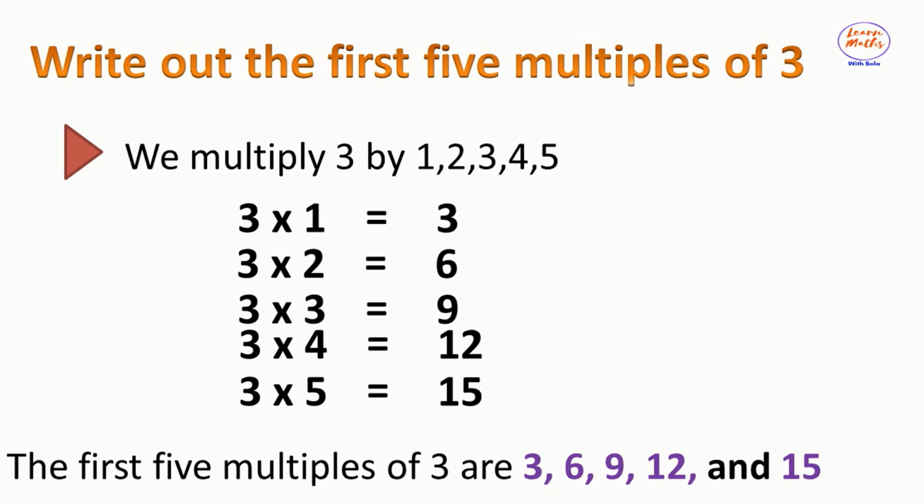So the first 5 multiples of 3 are 3, 6, 9, 12, and 15. So that is the simple way to find the multiples of a number. In summary, we have found multiples by multiplication, by addition, and by counting in either 2s or 3s, depending on which number you want to get the multiples of.